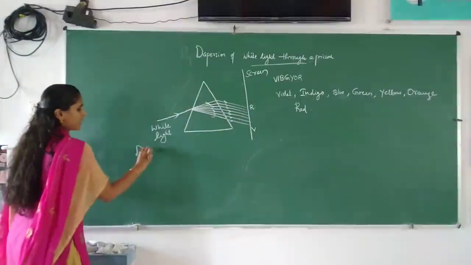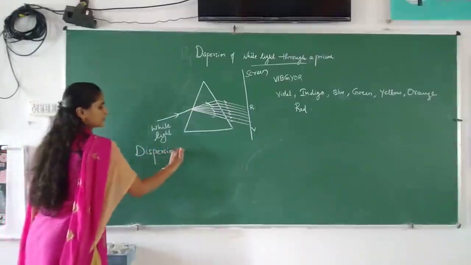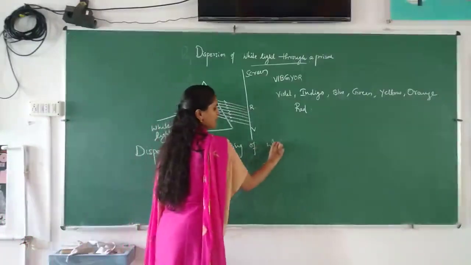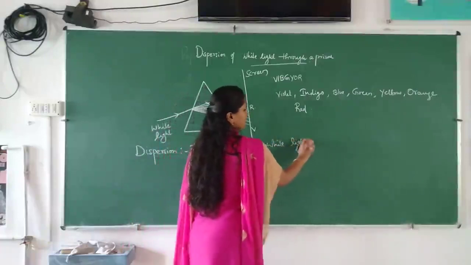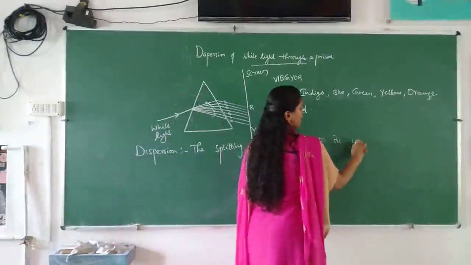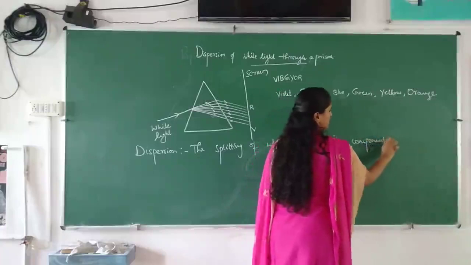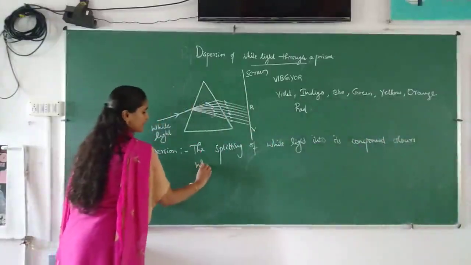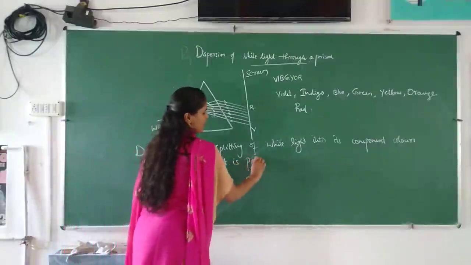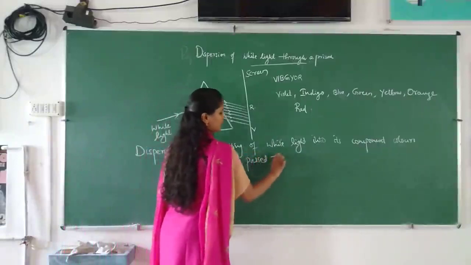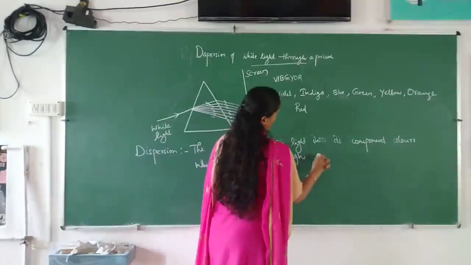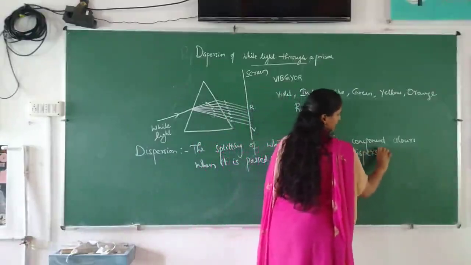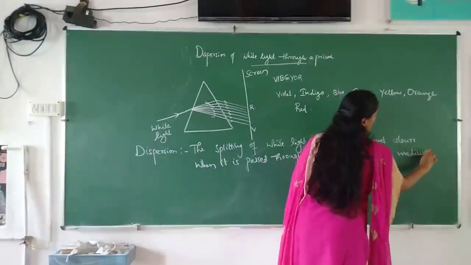So we can define dispersion as the splitting of white light into its component colors when white light is passed through certain dispersive media like this.